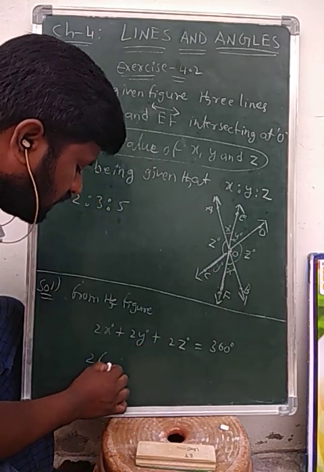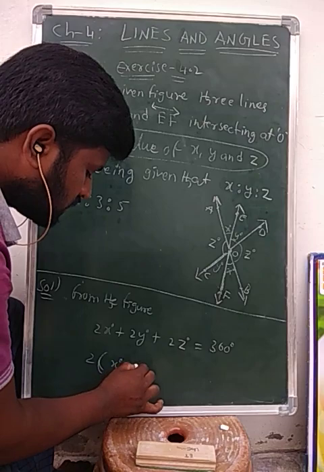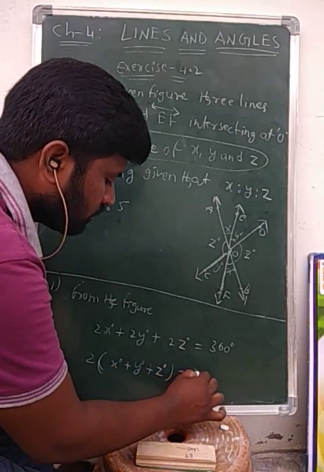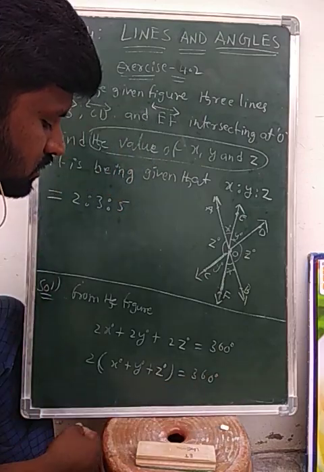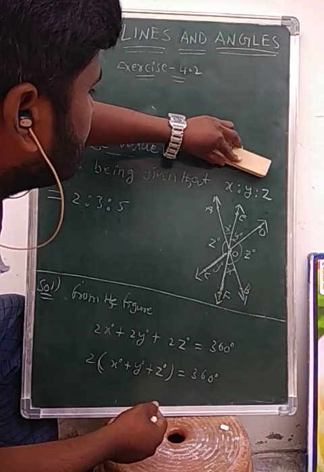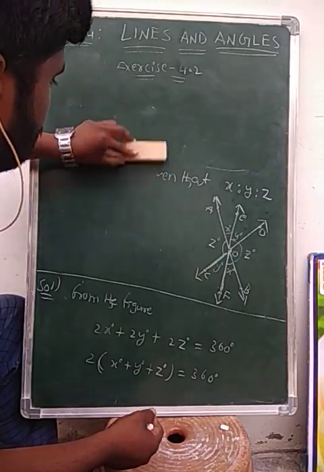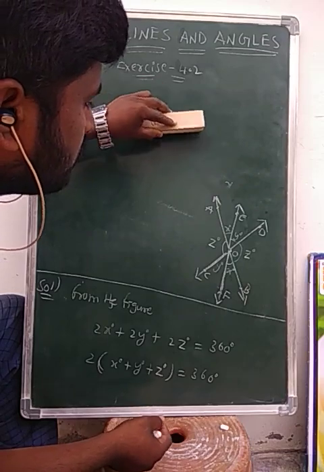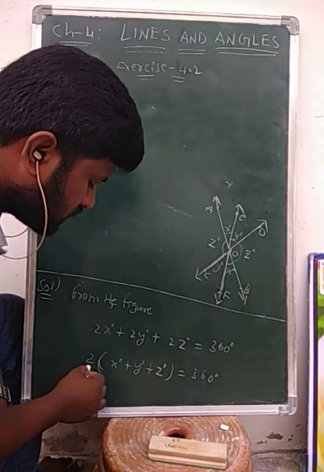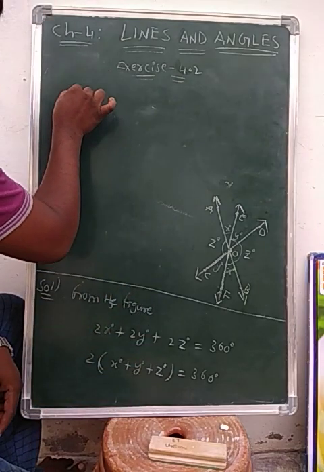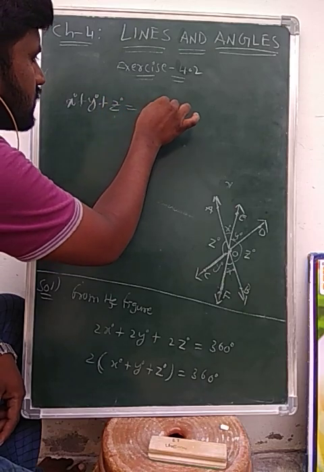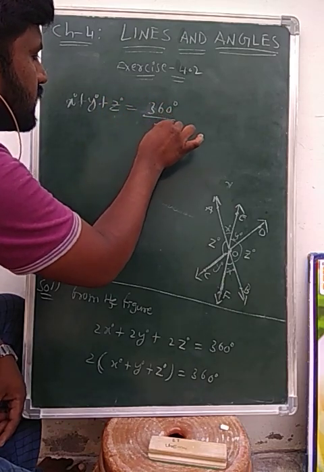Then 2 times x degrees plus y degrees plus z degrees is equal to 360 degrees. Now if I transpose it from LHS to RHS, then we can write x plus y plus z is equal to 360 degrees by 2.